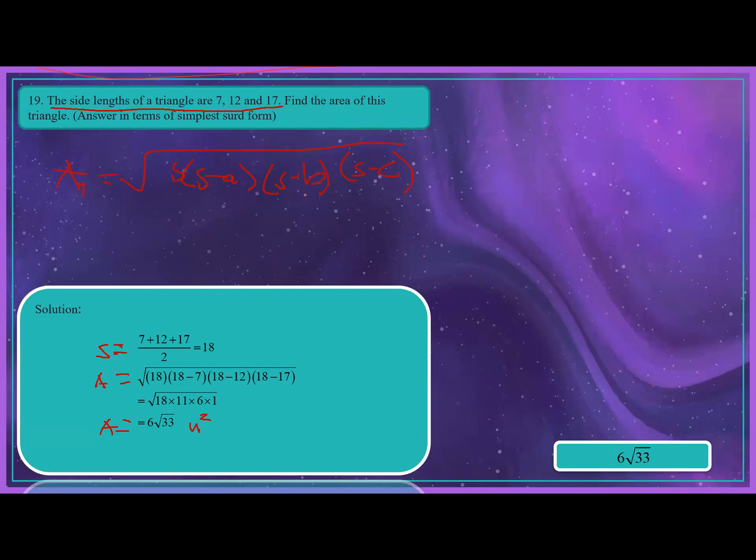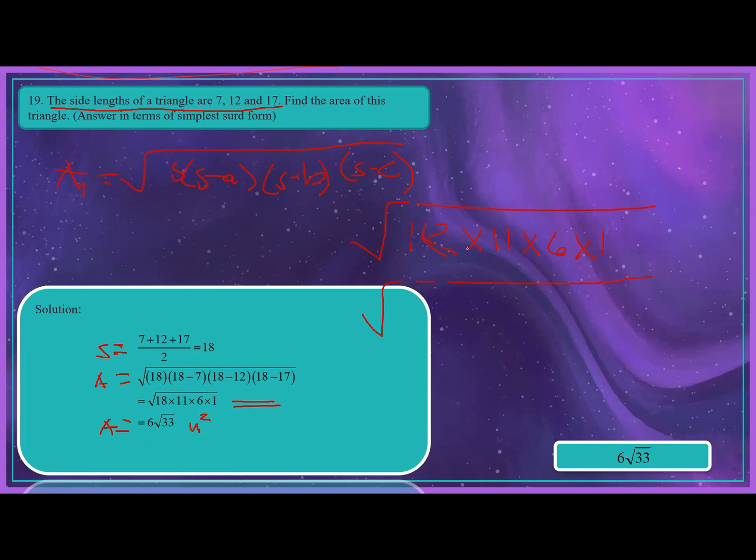How to easily find the third form? Okay, so you mean from this point, from the fourth line? Okay, cool. So the fastest way to do that is, okay, so let's make it bigger. 18 times 11 times 6 times 1.